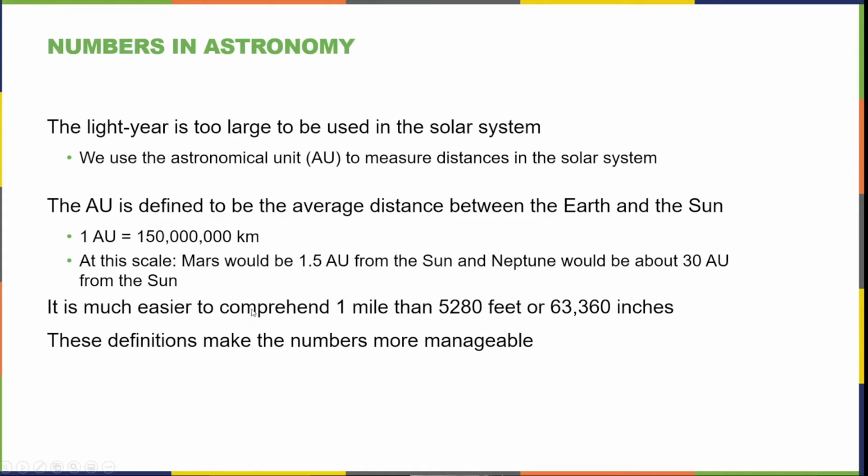For example, it's much easier to comprehend 1 mile. This is an analogy. Instead of saying 5,280 feet, or even 63,360 inches, it's easy to understand, and the numbers are manageable when you just say 1 mile.